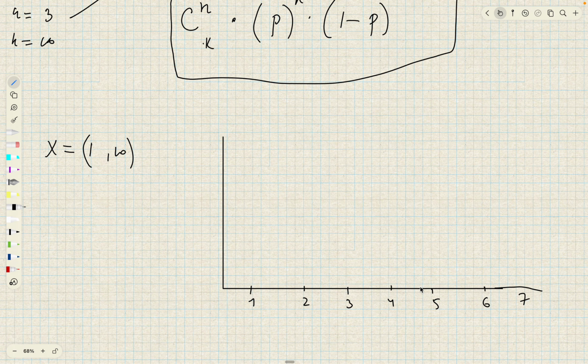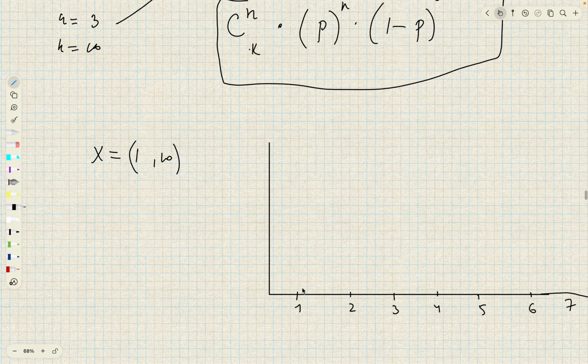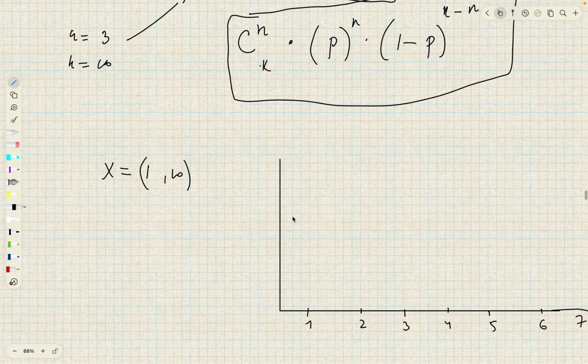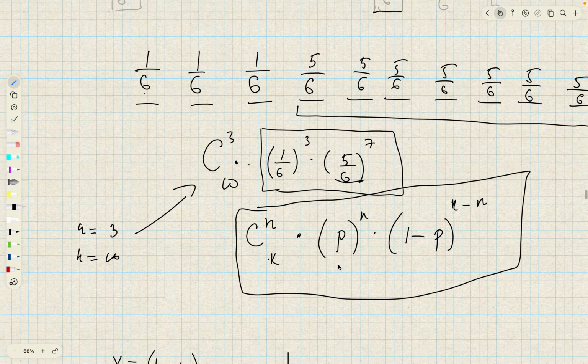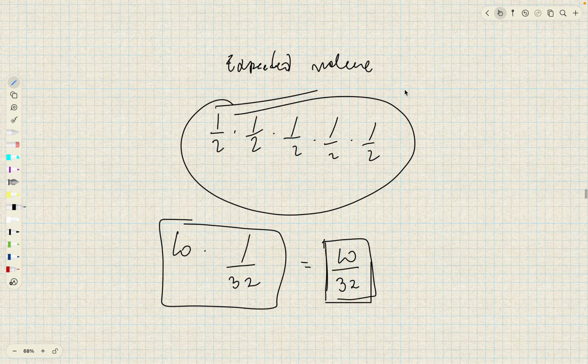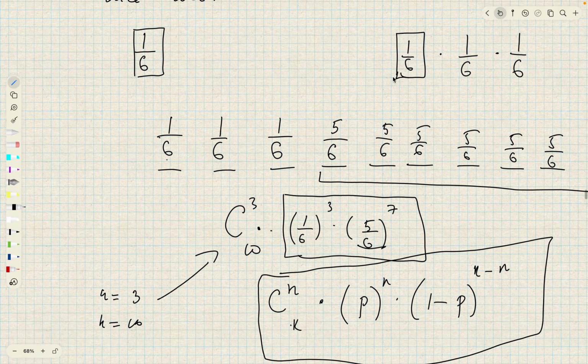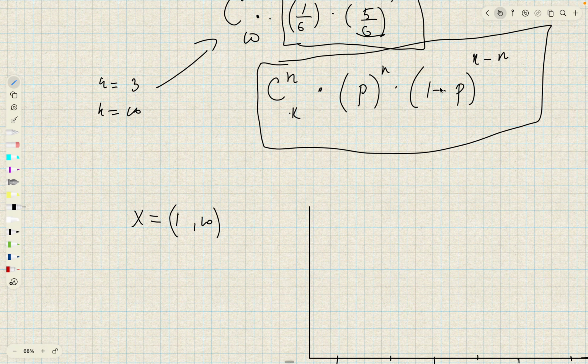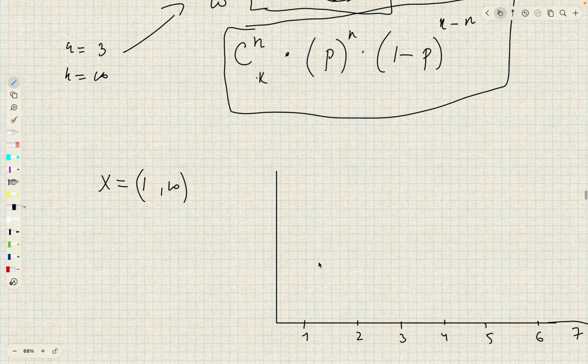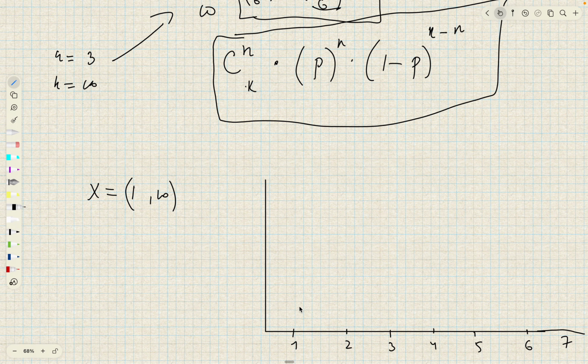So now let's look at 1. Then how do we calculate this? We calculate the probability of getting 2 once out of 10 dice rolls, and we'll calculate it by this probability, and let's say it will be something like this.